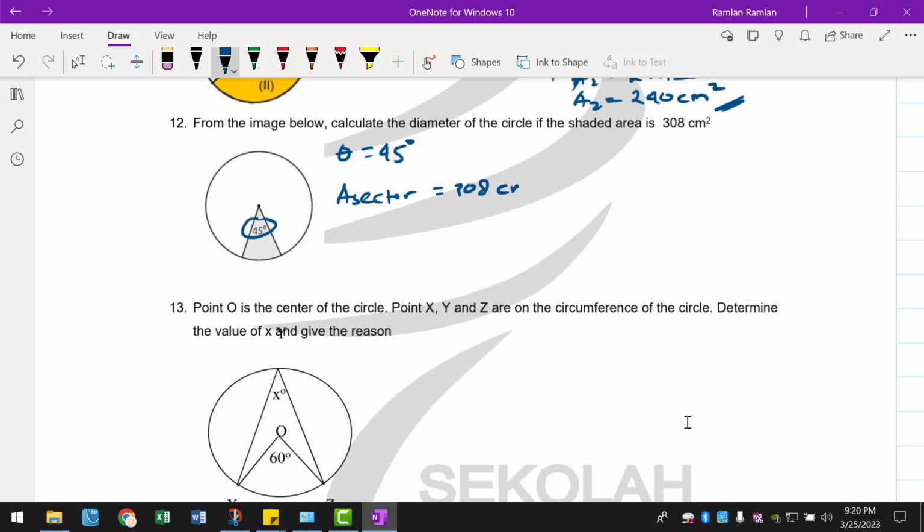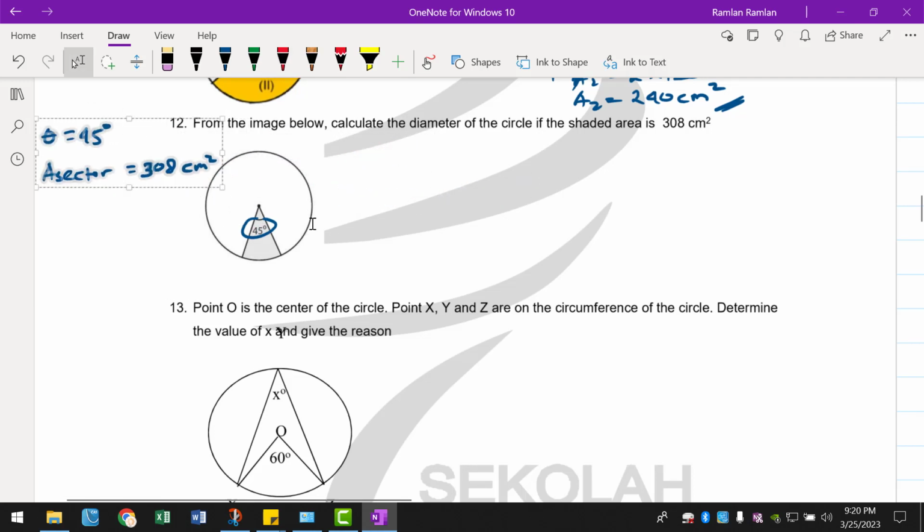Now, most of the time, guys, you need to write down the formula from the information that is given. We know that we have the area of the sector, so we need to write down the sector area of a circle formula. Area of a sector equals theta over 360 times pi r squared.